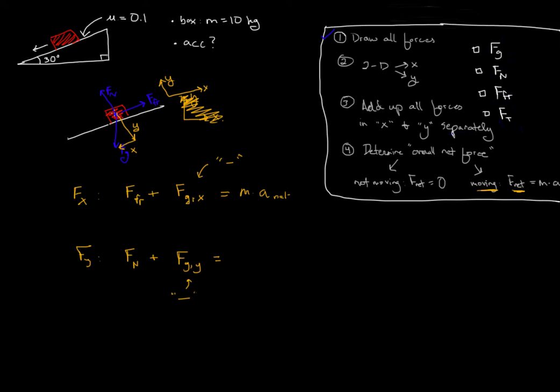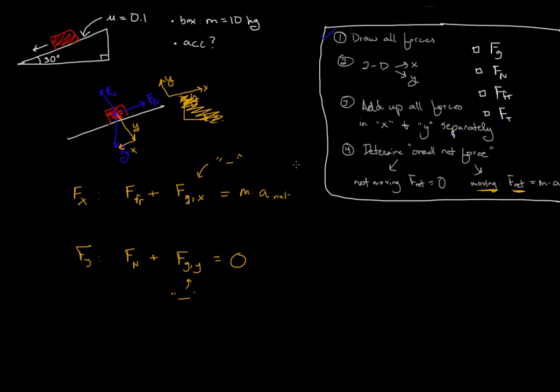So because we're not moving, we would say the net force in the y direction is 0. Something's pushing up, something's pushing down, but we're not actually moving along the y-axis. If we were, the object would be flying off the incline or sinking into it, and we're just staying at ground level, which is a level of 0. So we're only moving along the x-axis.